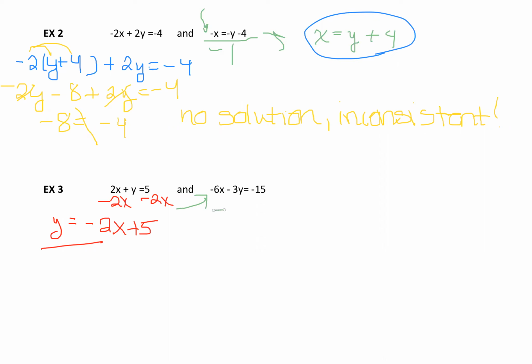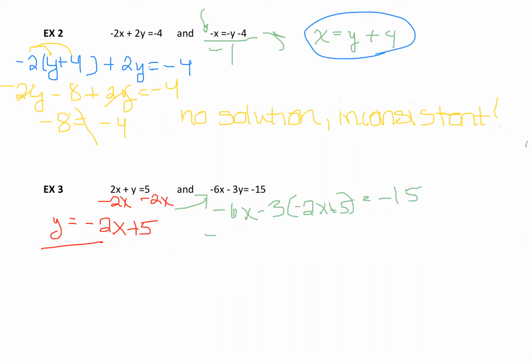So negative 6x minus 3y equals -15. And we're going to put in that -2x plus 5 component.